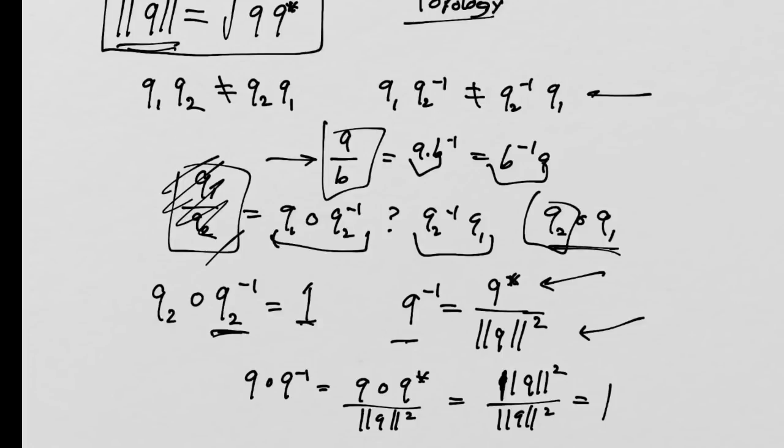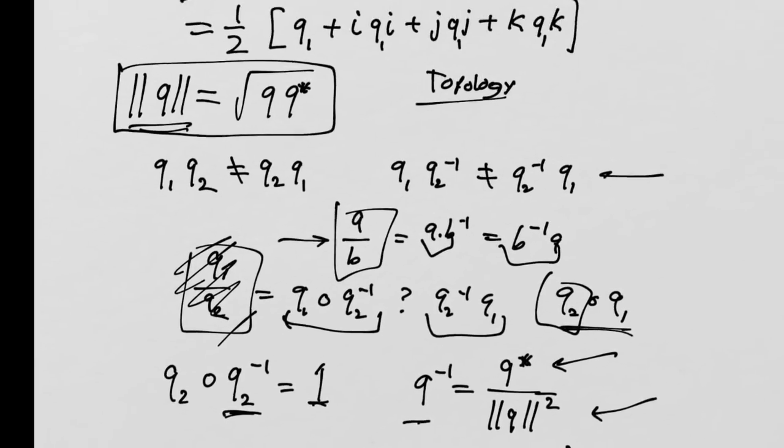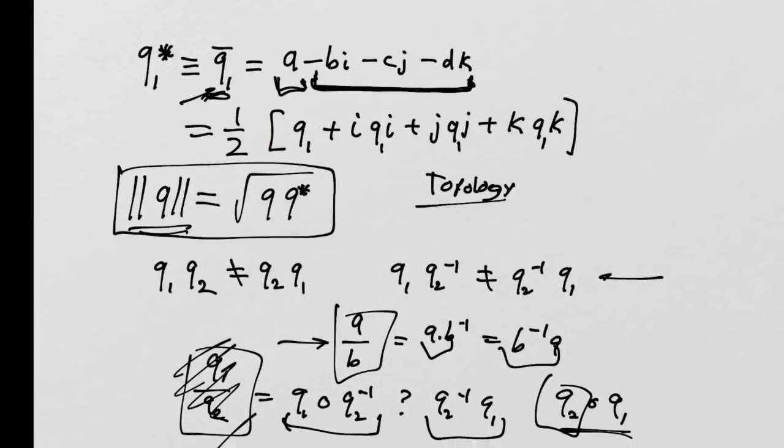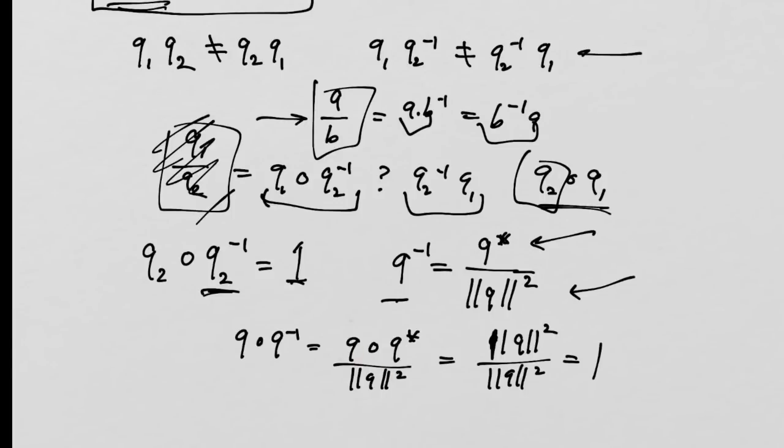And what's interesting now is we know the norm of Q squared always exists, because the fact that this formula always exists means the conjugation always exists. So none of these operations are any mystery. This is division by real numbers, so we know that works. So as long as Q is not 0, it'll always have an inverse.